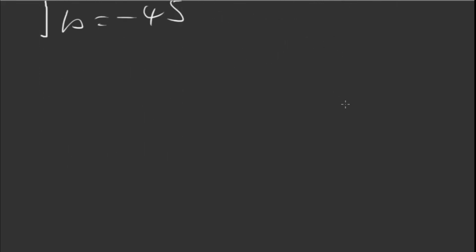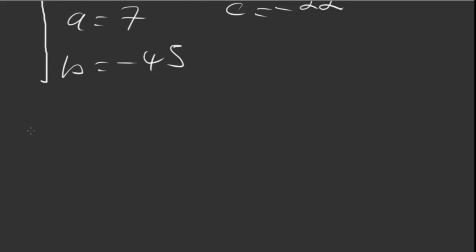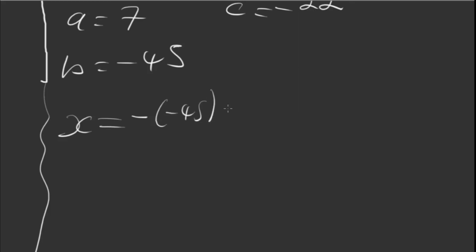So now let's bring our quadratic formula. So this is x is equal to minus b. Our b is minus 45, so it's minus minus 45, plus or minus the square root of b squared minus 4ac.